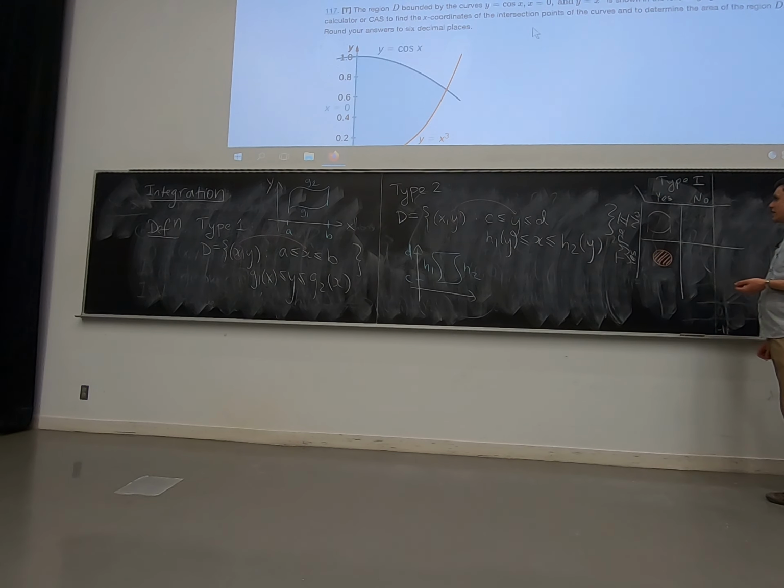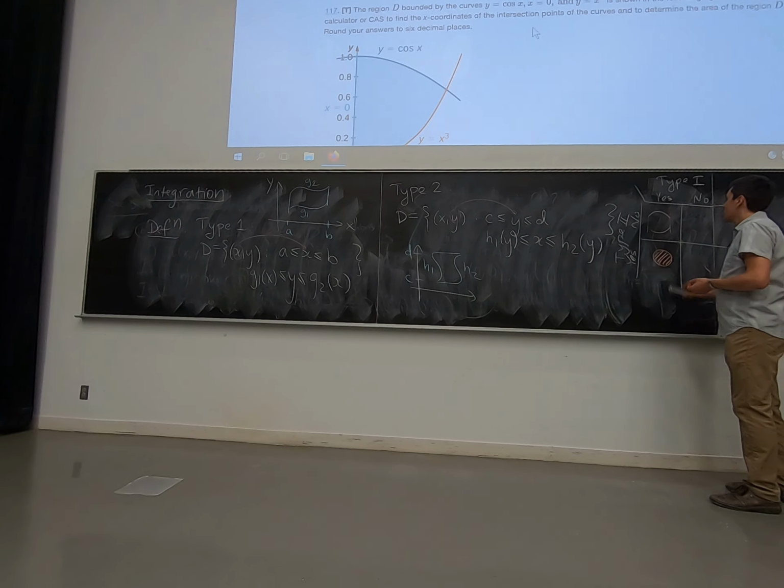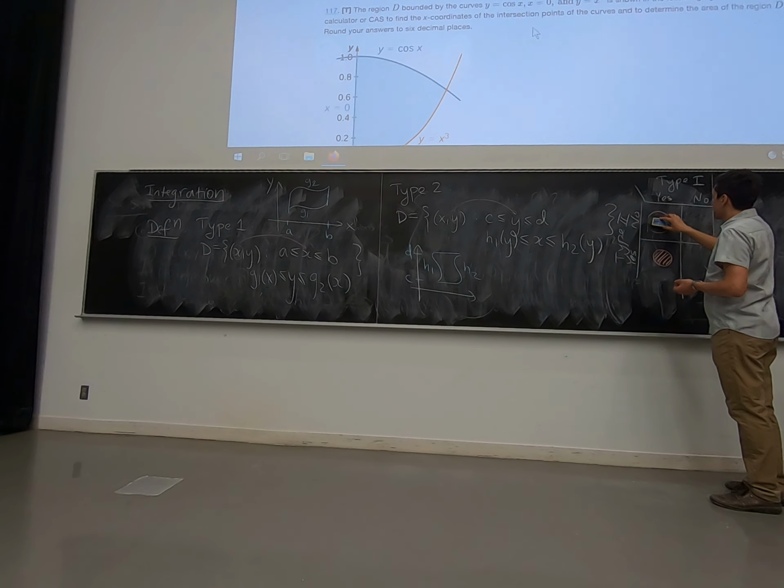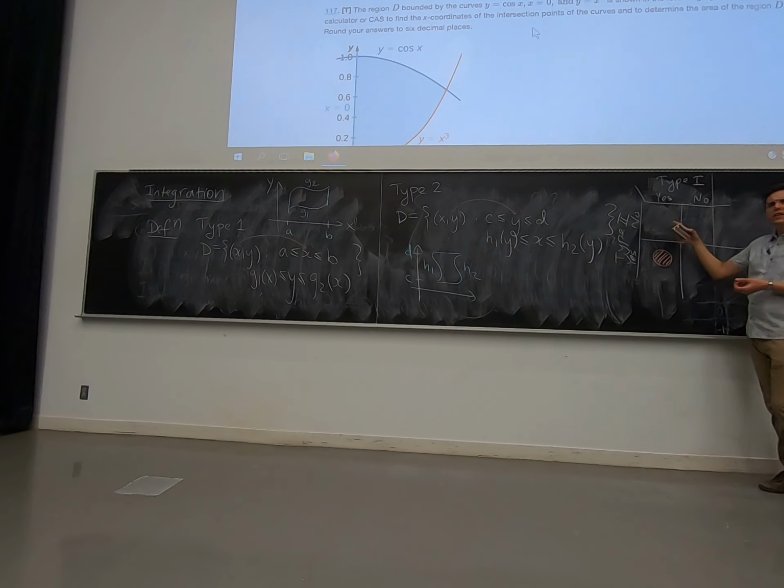We can be bounded like this, but we need some kind of jump that will make us not be type 2. Try and find something in one of these boxes that is neither type 1 nor type 2.